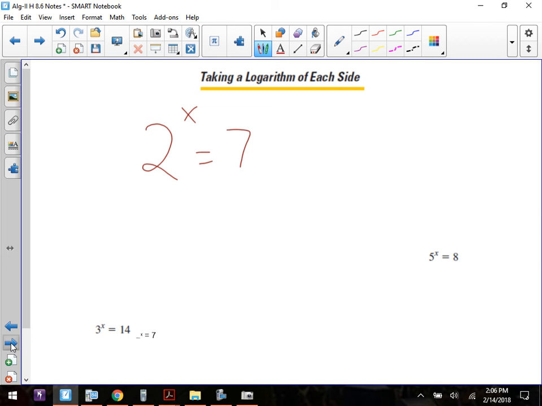So what do I do to 2 to the x to undo the exponent? I log base 2 of it. So if I take the log base 2 of both sides, what do I get on the left-hand side? X. And now I just get some crummy number. That's the log base 2 of 7. Do we know how to press the buttons on the calculator to do that? Yes, sir.